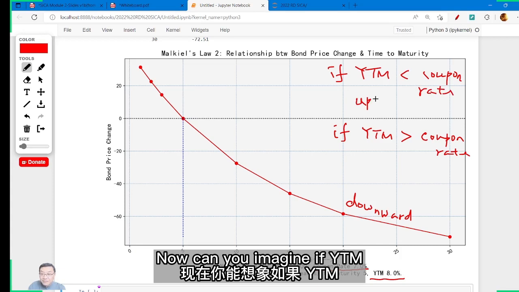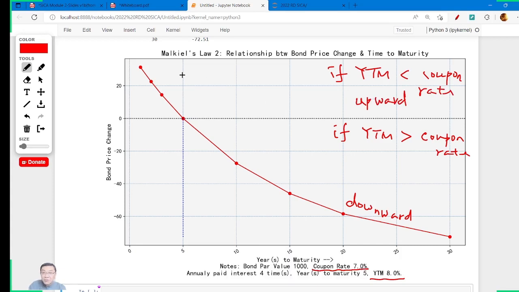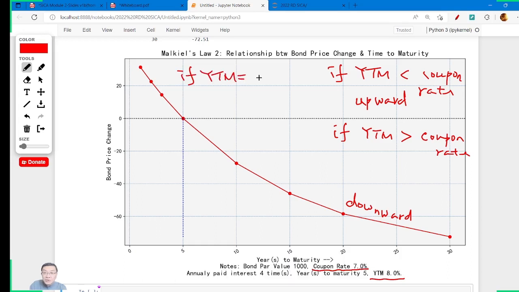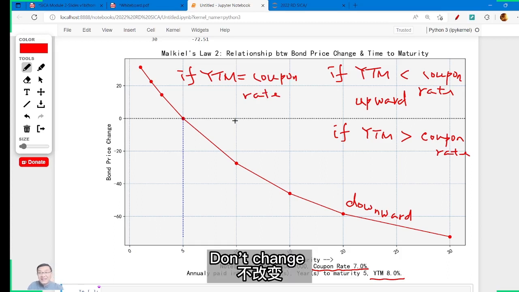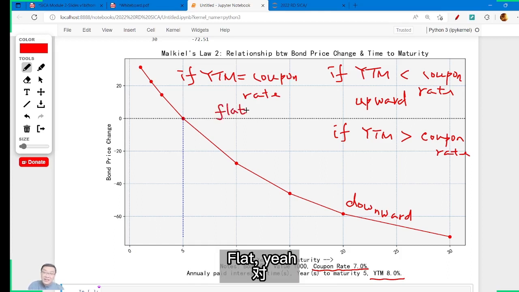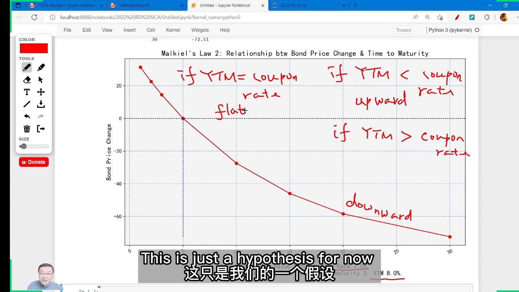Now, can you imagine if YTM equals the coupon rate, what will happen? It doesn't change. It means flat, right? Well, this is just a hypothesis for now.